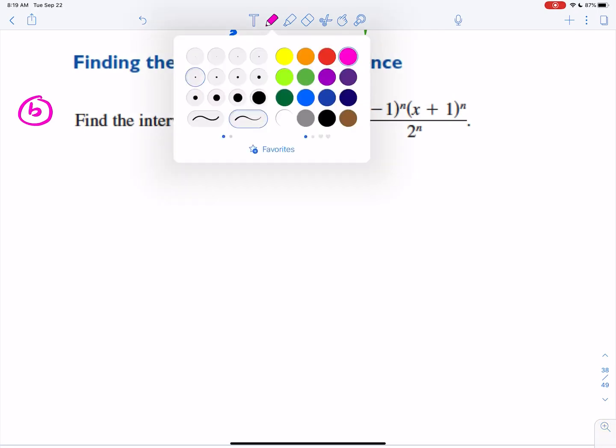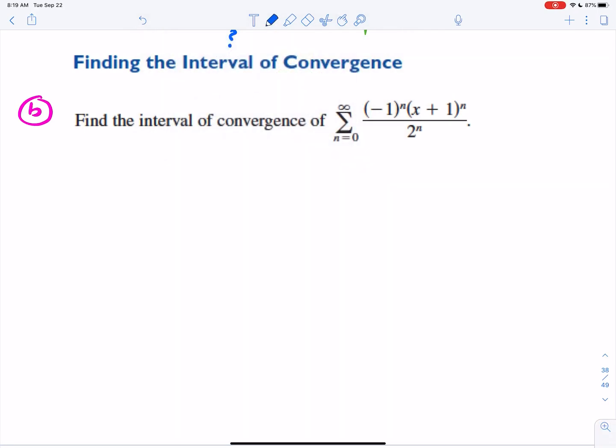Go ahead and write that out, and then press play whenever you're ready. Okay, so we're going to run the ratio test. They're asking us for the interval of convergence, so I'm going to run the ratio test every time. I immediately put in my absolute value so I don't forget. This is going to be the n+1 term.